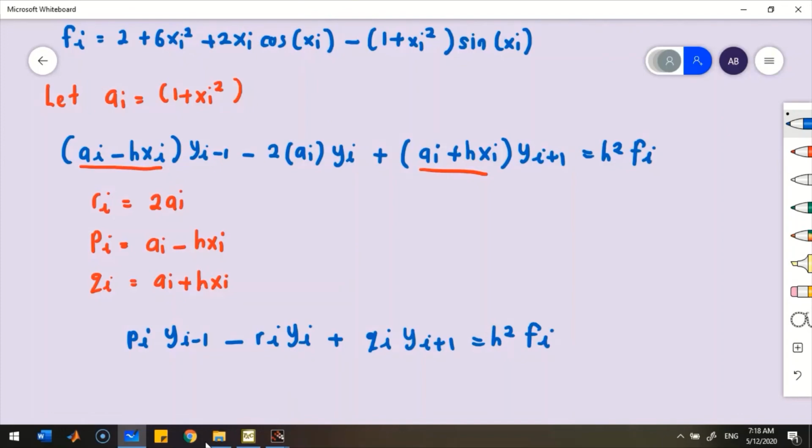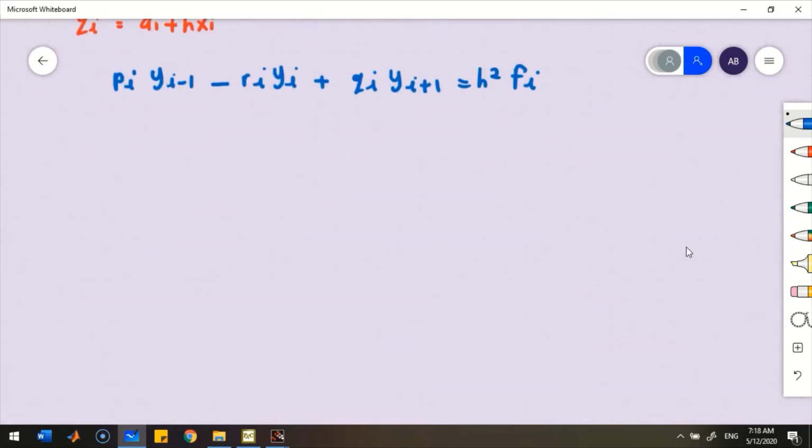The question says write in the form of a system, so we are almost there. You can start by i equals 1. When i equals 1, we have P1 y0 minus R1 y1 plus Q1 y2 equals h squared f1.